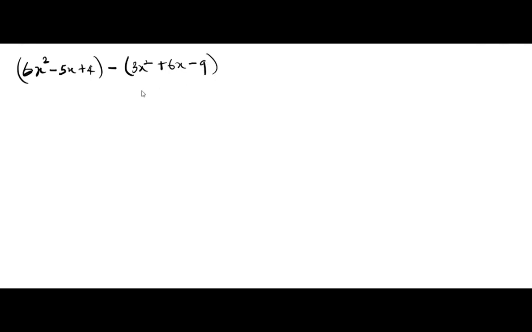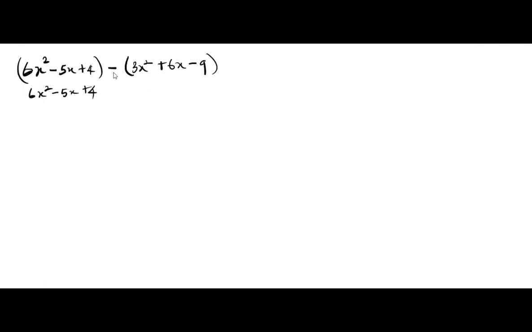If I'm to do this, I will use the negative sign here to multiply all through the bracket. Then I can bring out all these terms here. So you have 6x squared minus 5x plus 4. I'll use the negative sign to multiply in each of the terms on this bracket.